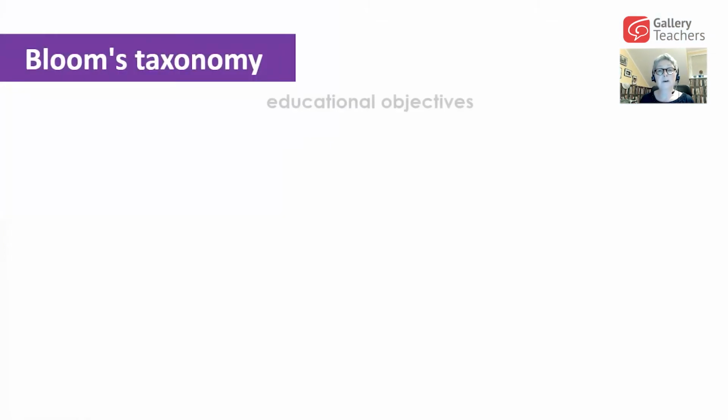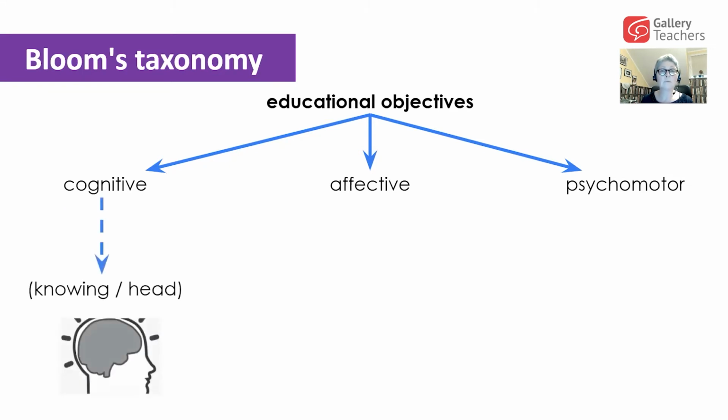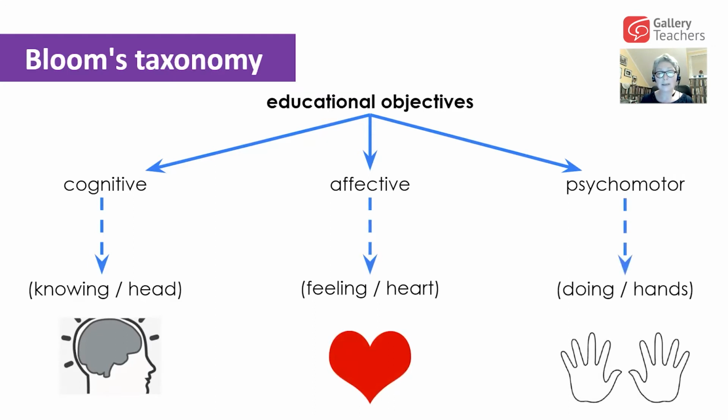Bloom's taxonomy refers to a classification of learning or educational objectives, and it divides those educational objectives into 3 domains: the cognitive domain, the affective domain, and psychomotor domain. And these are sometimes very loosely described as knowing, or the head, feeling, or the heart, and doing, or hands.